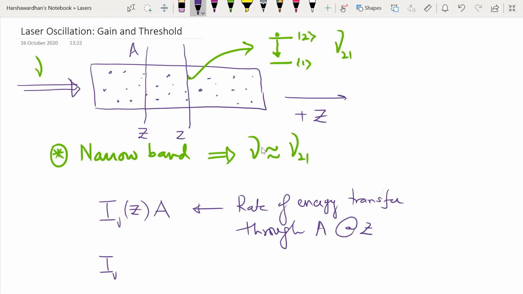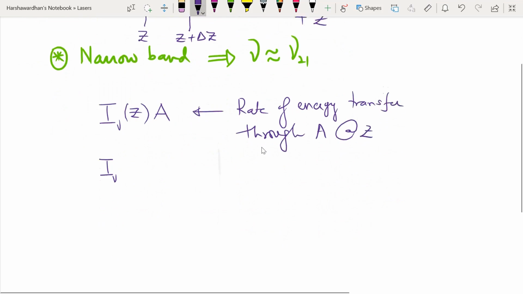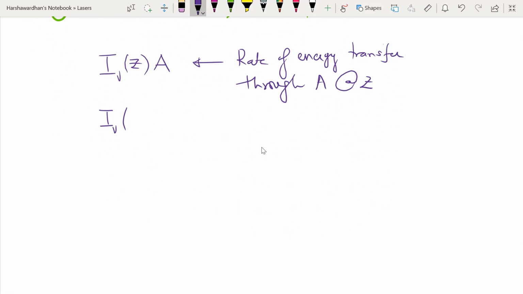Imagine this is the plane at Z plus delta Z. I'm going to look at a limit of delta Z being small. So this would be the rate at which the energy is transferred through A again. The area A remains constant, but this is happening at Z plus delta Z.